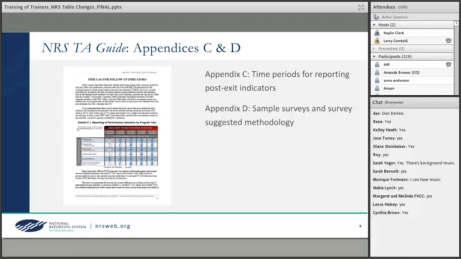I think you're familiar with the rest of the guidance. I think one other point is that we are developing an ebook of the TA guide, a much more attractive and easier to navigate version that will soon be available, I would say, within the next few weeks. It will look better.